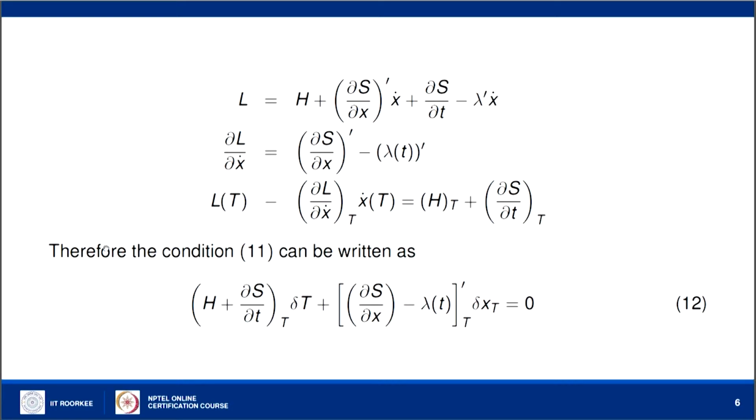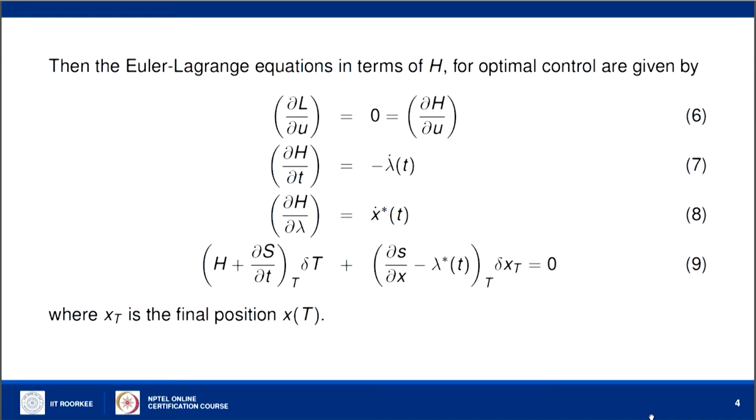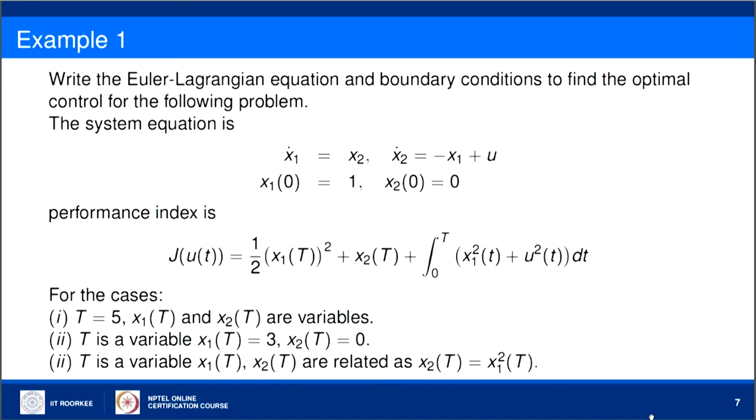So, substituting these expressions in the boundary condition, we get equation 12. So, this is the proof that boundary condition 5 is equivalent to boundary condition 9 in terms of H. So, these equations will be very useful in solving various optimal control problems.